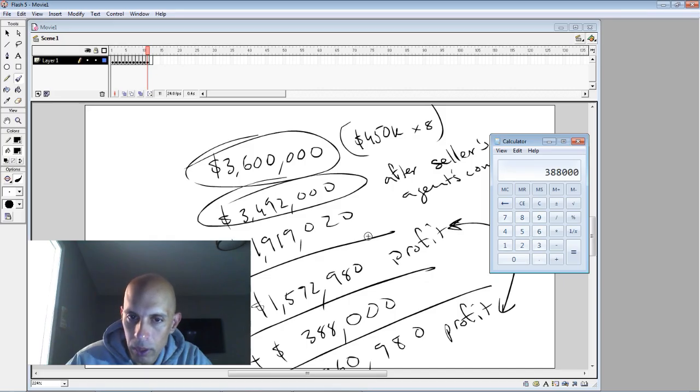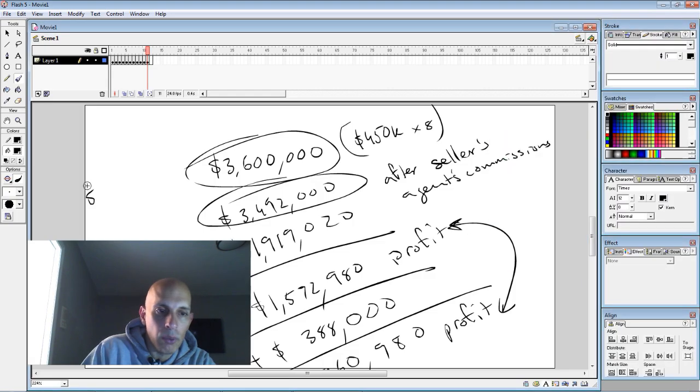let's see here, we wanted to go with the additional, so 50,000, right, 500,000 times 8, $4 million. So you're walking away with a portfolio, a piece, an asset worth anywhere between 3.6 million to 4 million.